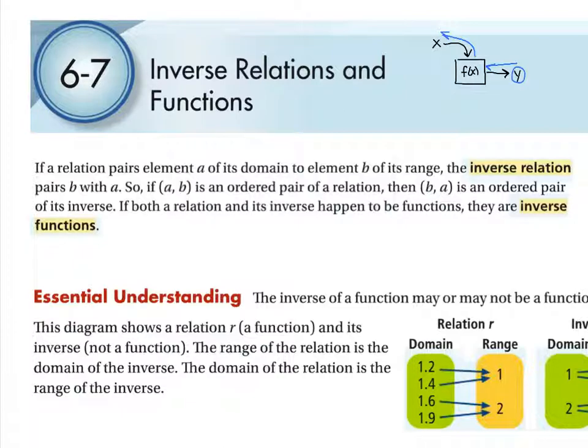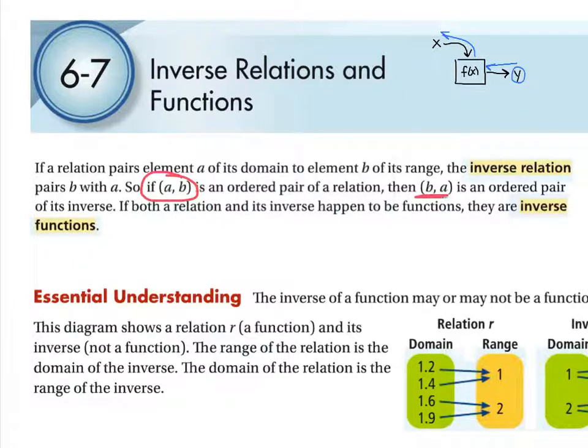Now, what it does, and they kind of explain it here, but a little confusing, I think, because they say, if a relation pairs element A of the domain with element B of the range, all they're saying is if A is the x and B is the y, we get a point AB, right? Well, then the inverse of that function, or that relation, would switch those around.